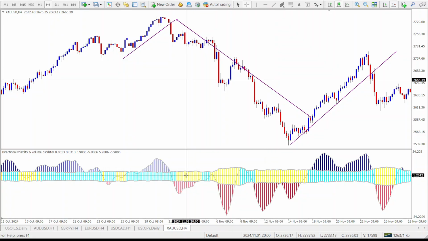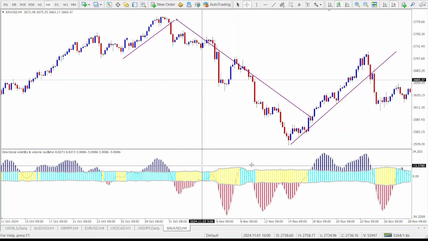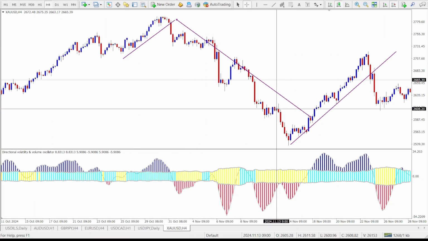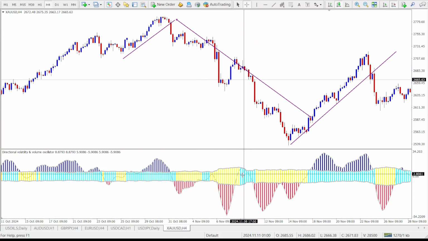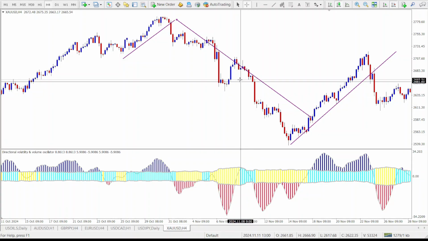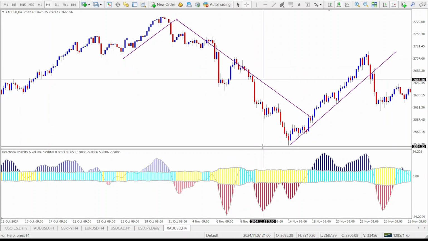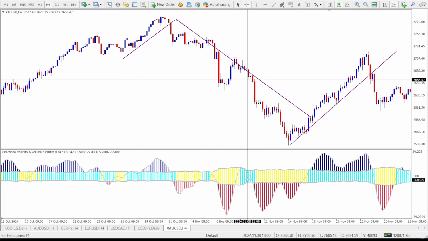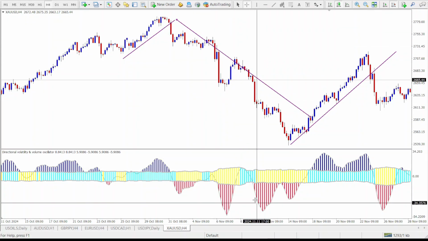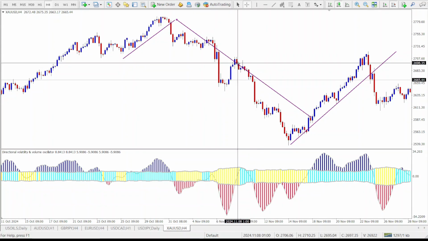Because we can see that even during this sell trend, we had sky blue bars forming, and those formations happened after the pullback. So it is not even as if the sky blue bars were indicating a pullback. No, they happened after the pullback was concluded.